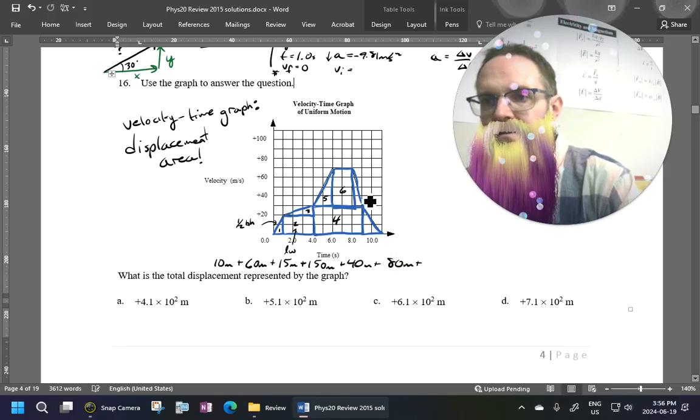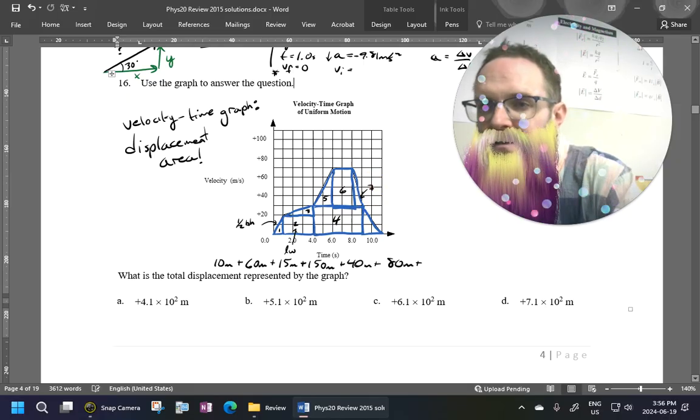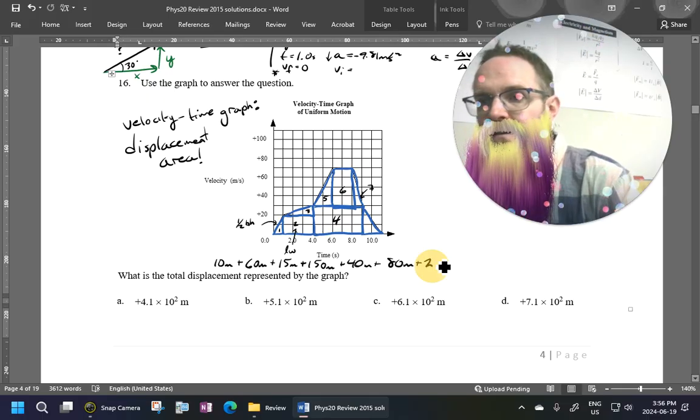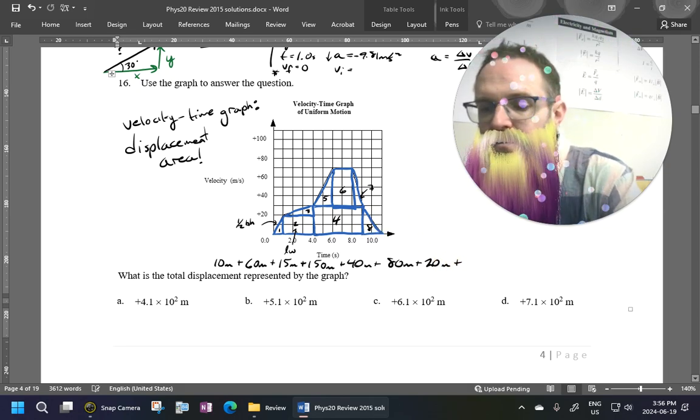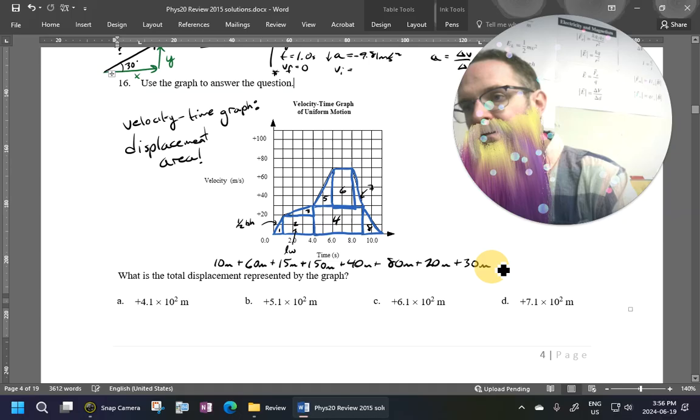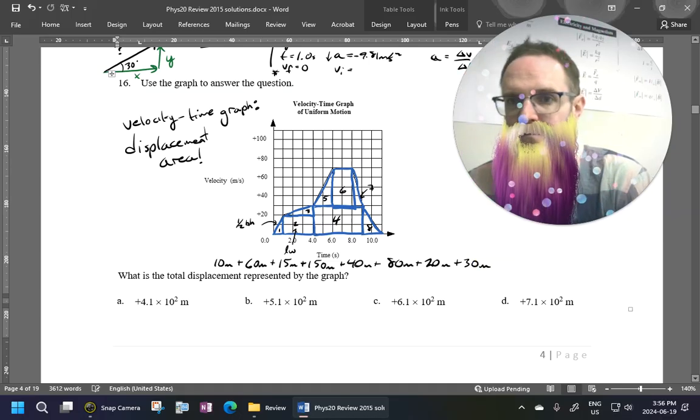I guess a lot of these I could have done in my head. This one here, that's 7. So base 1 times 40 divided by 2, that's 20. Hope we can get all these right. And the last one here, 2 times 30 divided by 2, so 30. Okay, and then we add them all together.